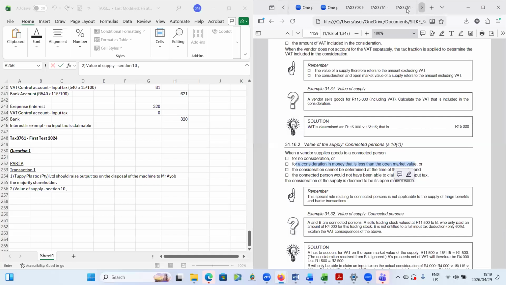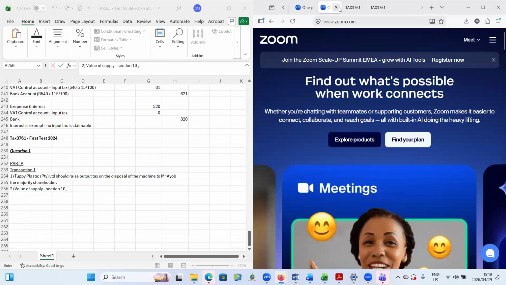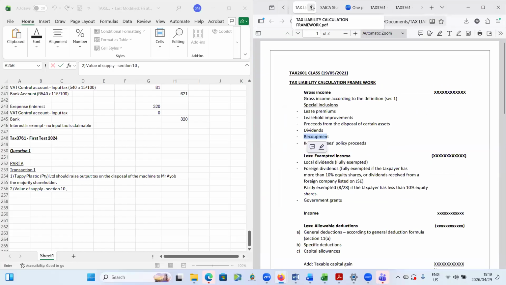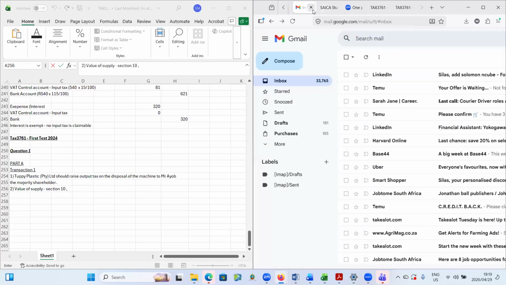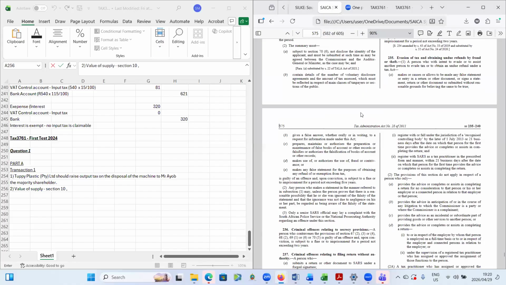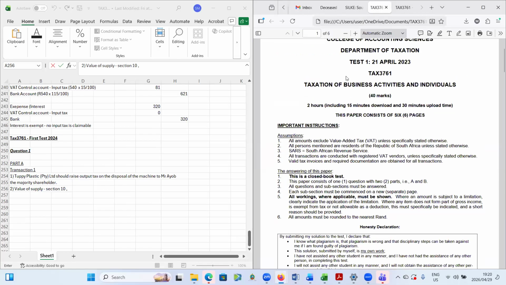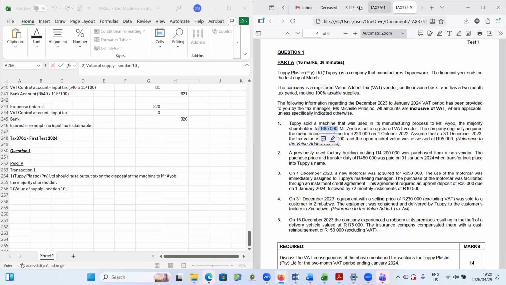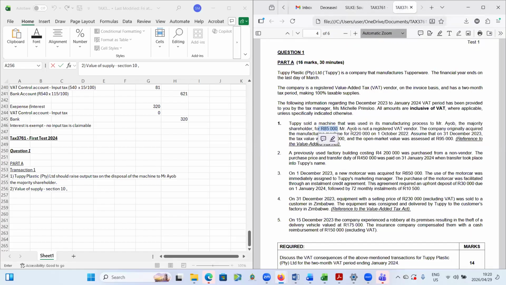Because the selling price was how much? So what we have, it was sold for 85,000.